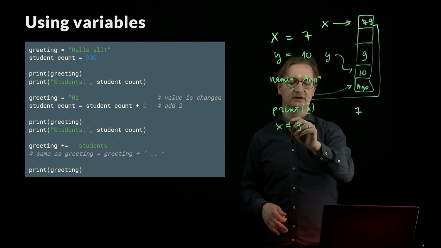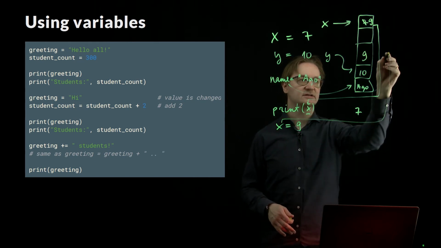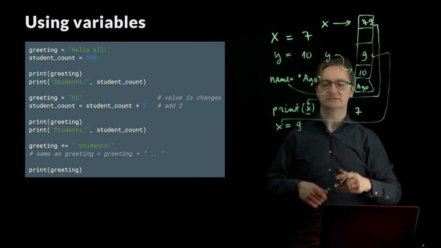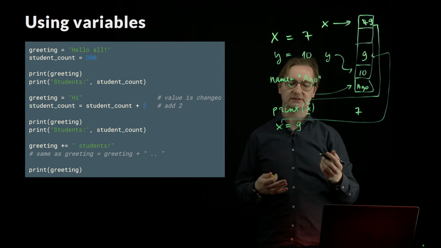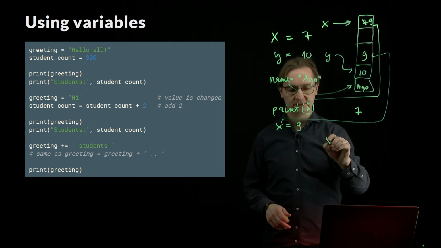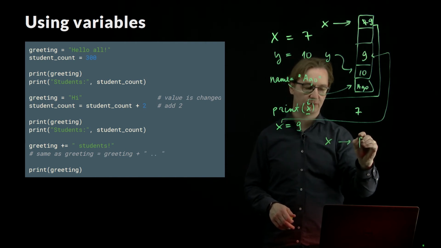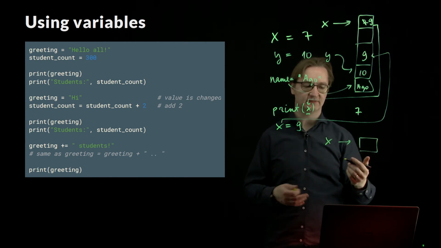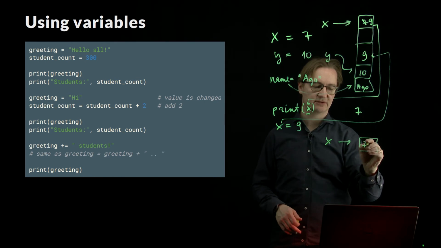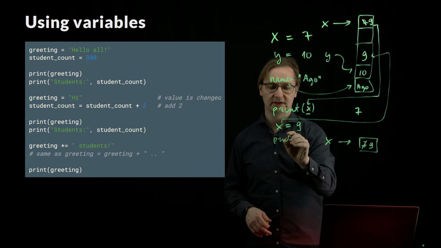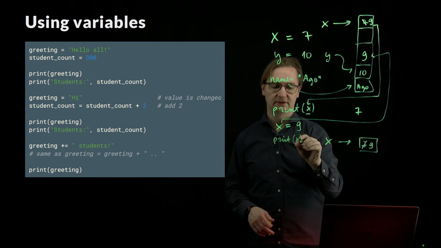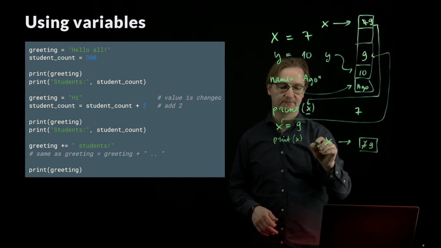So it can happen that after this line, the x actually points to this location in memory. But the idea is that we have a variable and it points to, let's say, a box, and inside the box there is a value. Currently it was 7, now it's 9. Now if I print out x, I get 9 here.